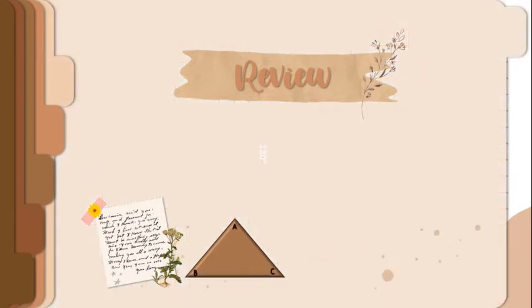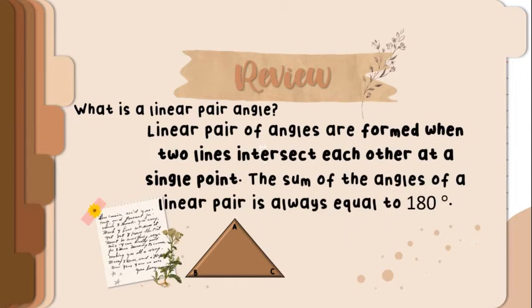The last review question is, what is a linear pair angle? Linear pair of angles are formed when 2 lines intersect each other at a single point. The sum of the angles of a linear pair is always equal to 180 degrees. In this figure, we are going to extend the side BC.